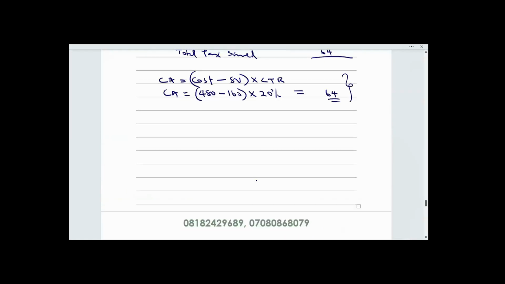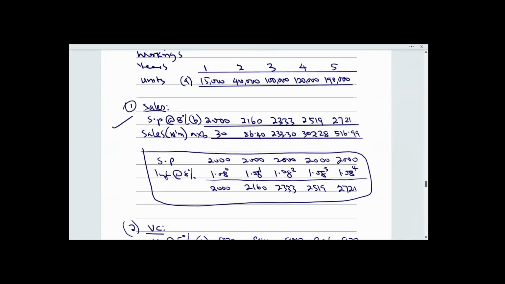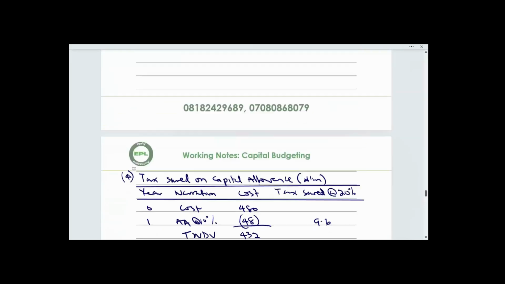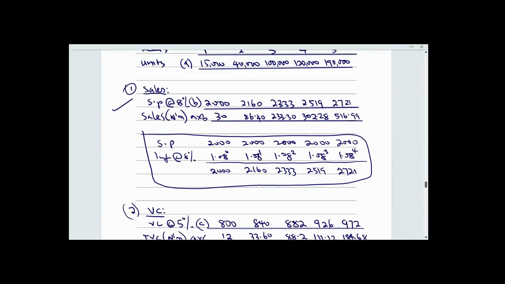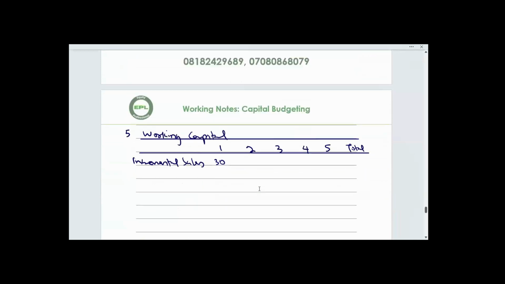The sales of year 1, we calculated to be 30 million. Sales of year 2 is 86.40. You can see that from 30 million, it has increased to 86.40, difference of 56.40. So incremental sales in the second year is 56.40.